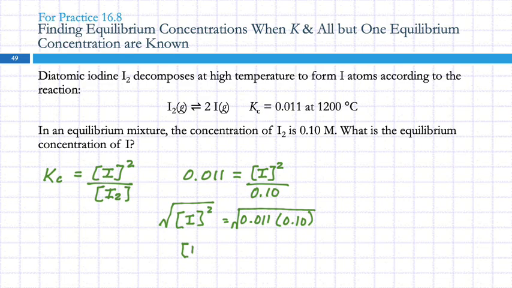And so I is the square root of 0.011 times 0.1, which is 0.03317.